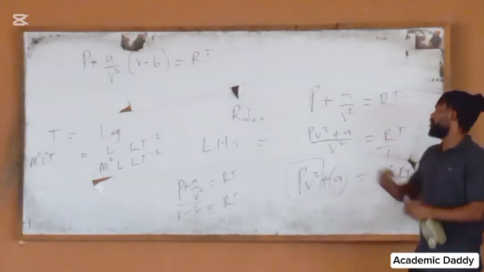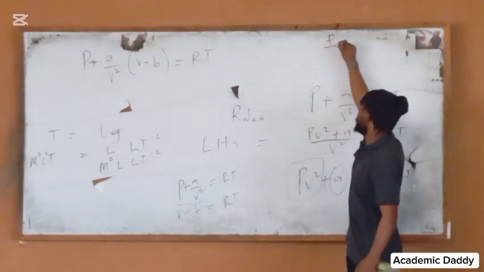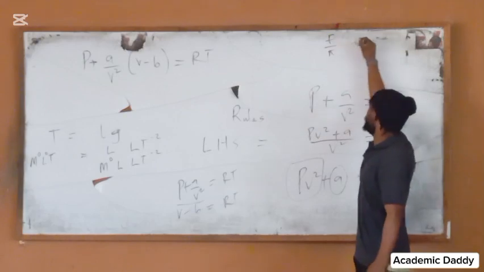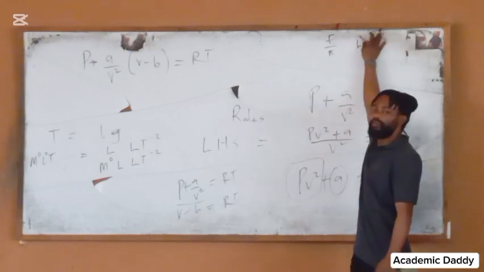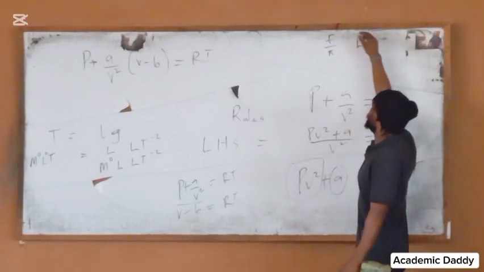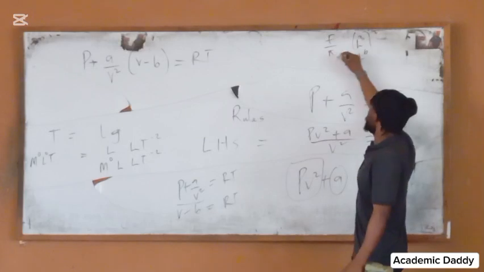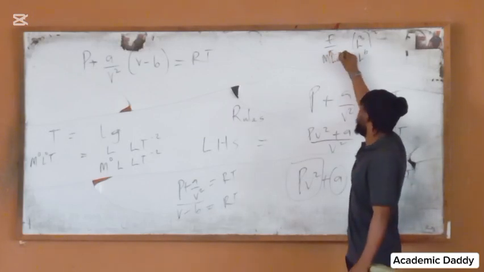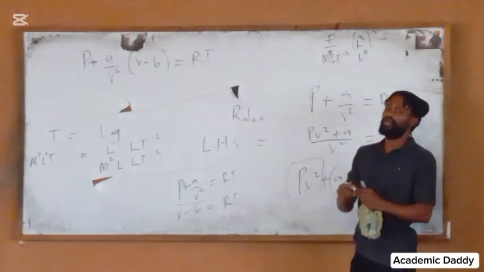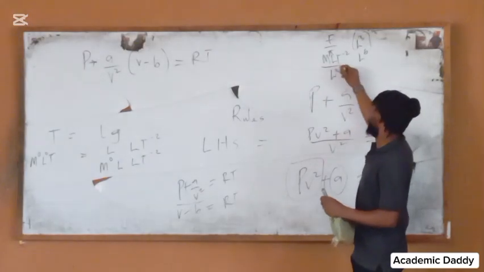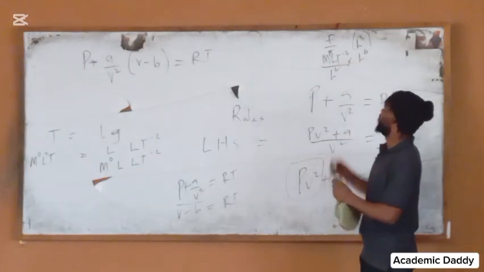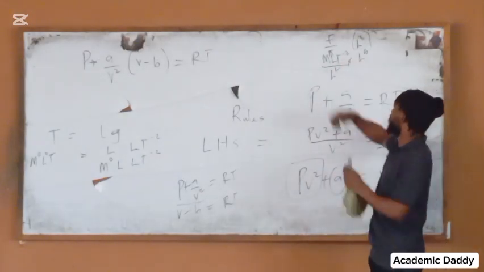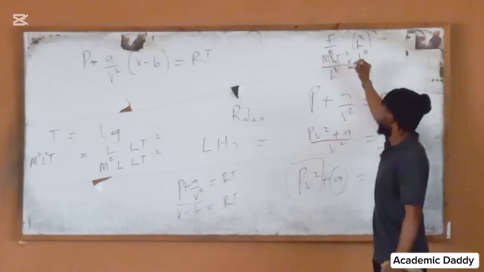So I'll ask myself, pressure is force over area. Is it not true? Now volume is raised to power 3, meter cube. Now when it's squared, it's going to be L raised to power 6. Now force is the same thing as saying MLT minus 2. This is not strange. All over L square. So by the time I do this very well, you see that this will cancel this.